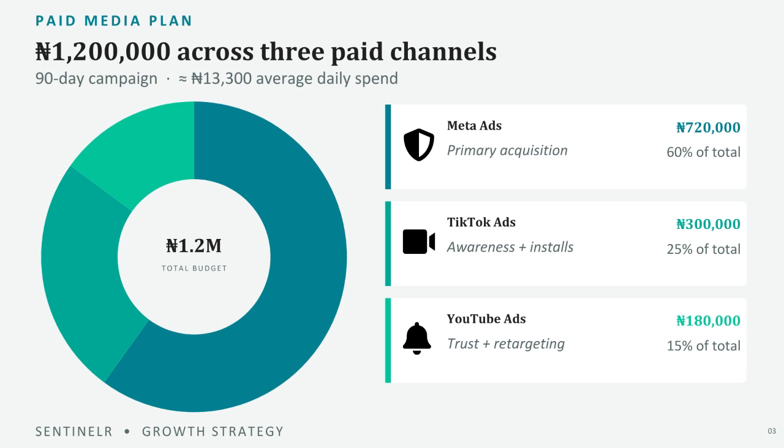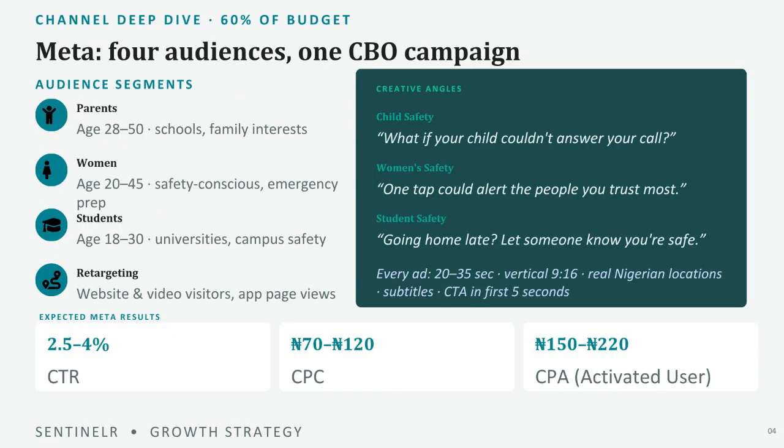For TikTok ads, 25% of the budget, which is 300,000. And for YouTube ads, 180,000 naira, which is 15% of the total budget. And this will all help build each of these pages in terms of their engagement and followers.